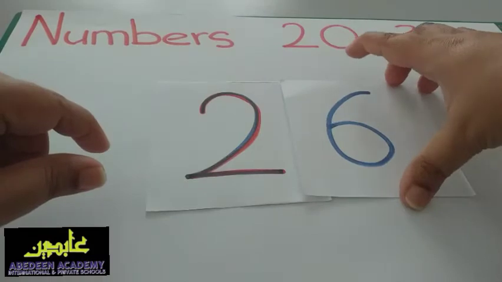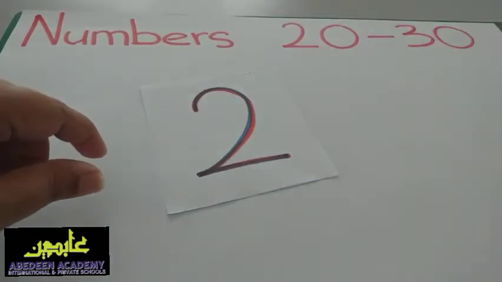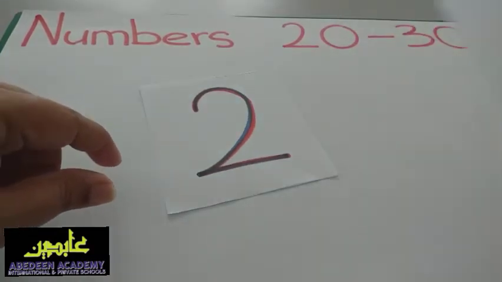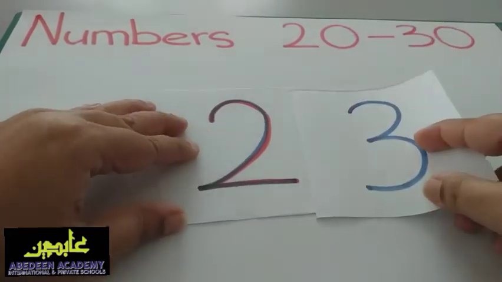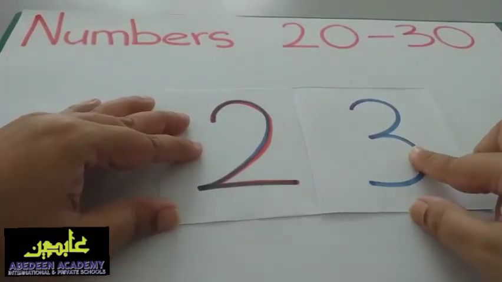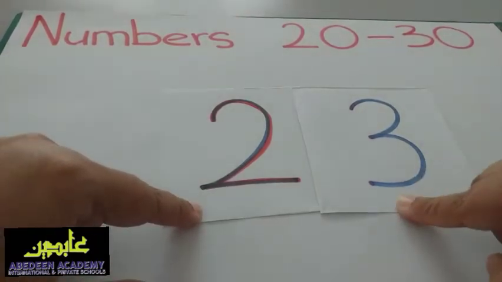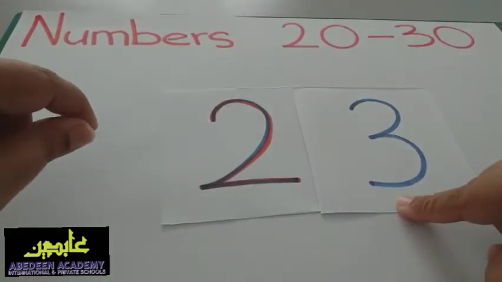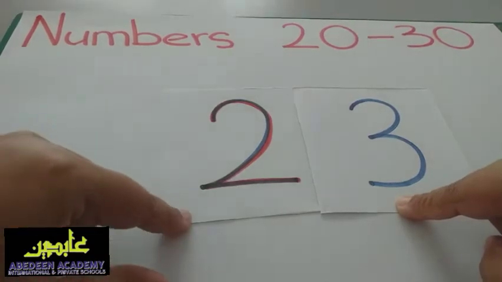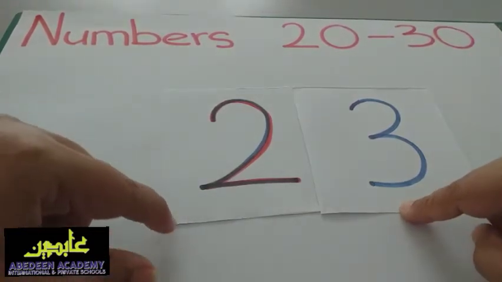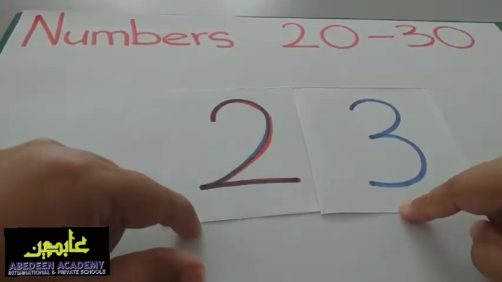Okay, now I take number 6 and put number 3 here. So now two numbers starting with number 2, so it will be 20. What's this number? 3. So it will be 23.